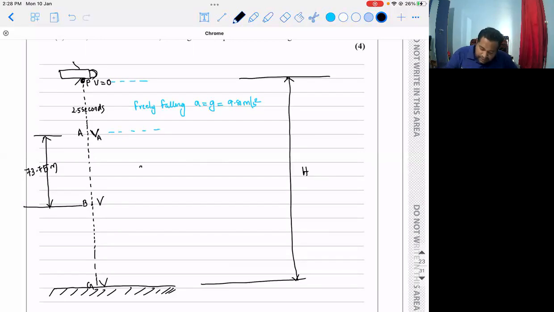Here he is decelerating, correct? Therefore, the acceleration is minus 3.9 meters per second squared, according to this question. Here he is moving with a constant speed, therefore the acceleration is equal to 0.